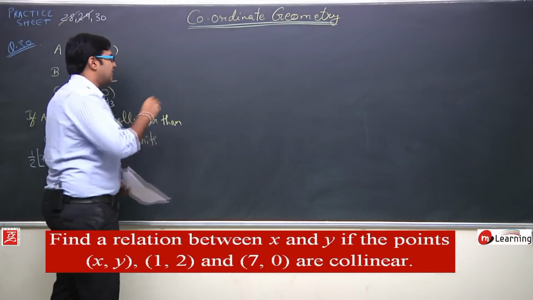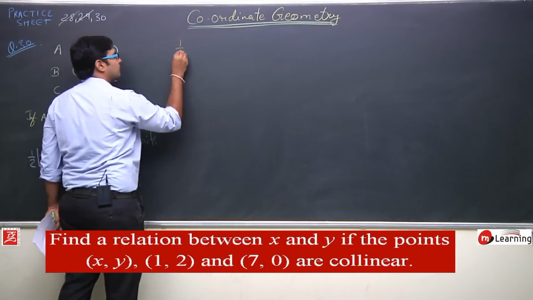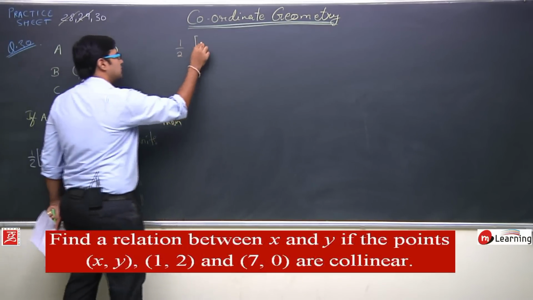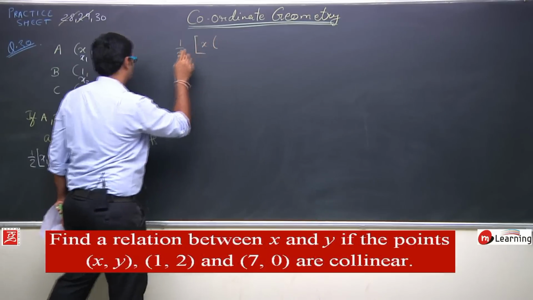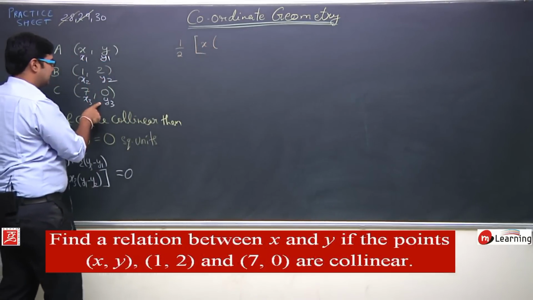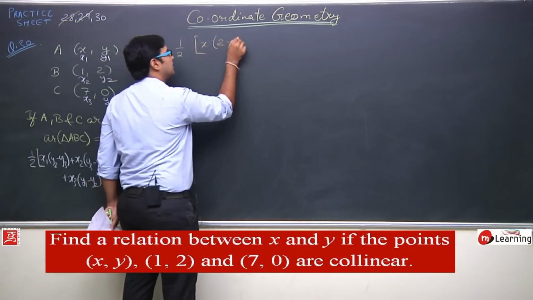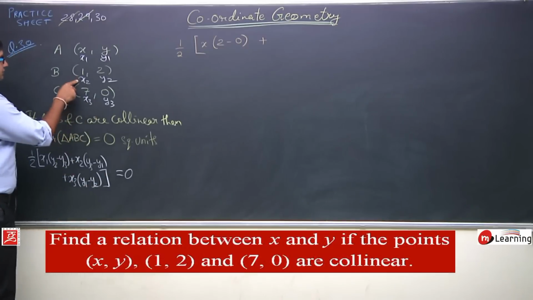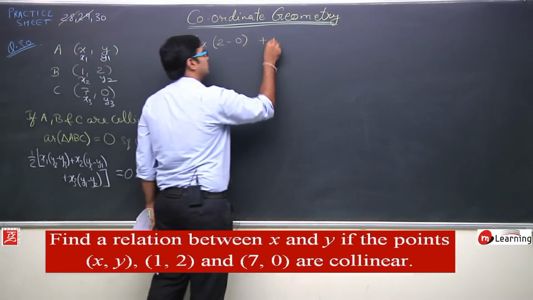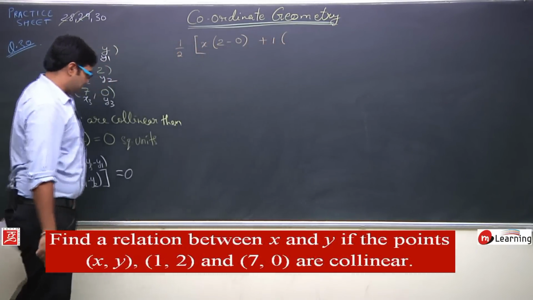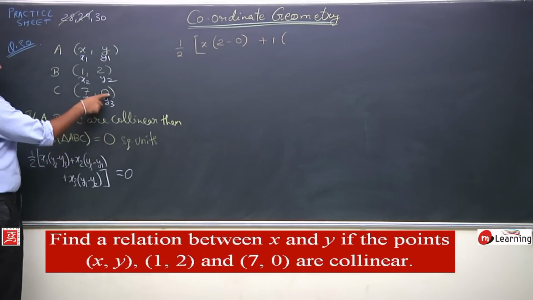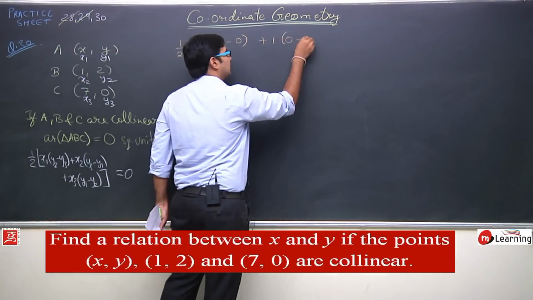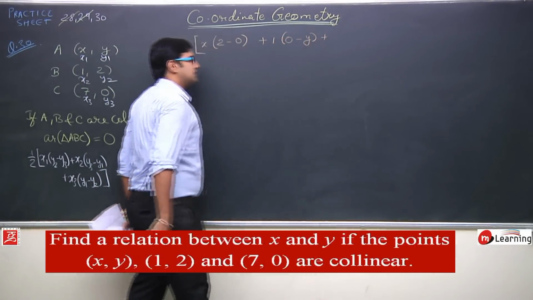So the area of triangle is half of the bracket, what is x1? x1 is x, in the bracket y2, y2 is 2 and y3 is 0, so 2 minus 0, plus x2 is 1, so it is 1 in the bracket y3 minus y1, y3 is 0 and y1 is y, so this will be 0 minus y, plus x3.